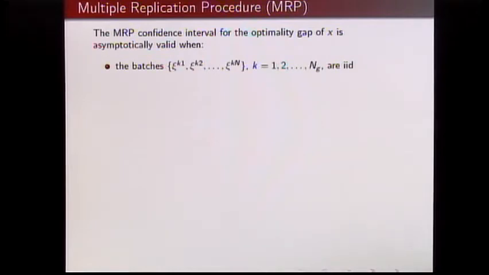So this will be asymptotically valid when these batches that we create are independent identically distributed. So be careful, it's the batches that are identically distributed. Within each batch, I can use variance reduction easily. I can do antithetic variates, randomized quasi-Monte Carlo, Latin hypercube, as long as I create the next batch independently and in the same way as the first batch.